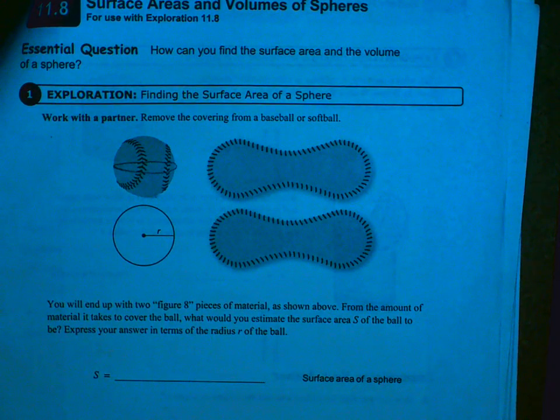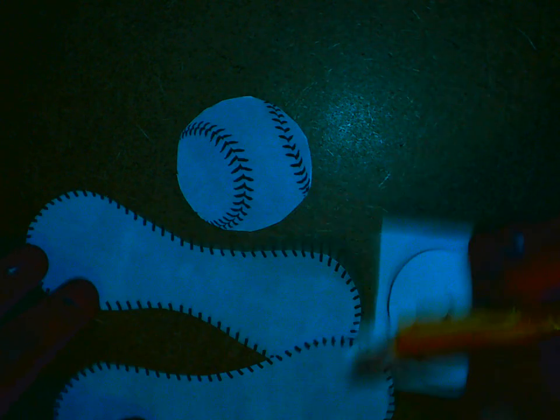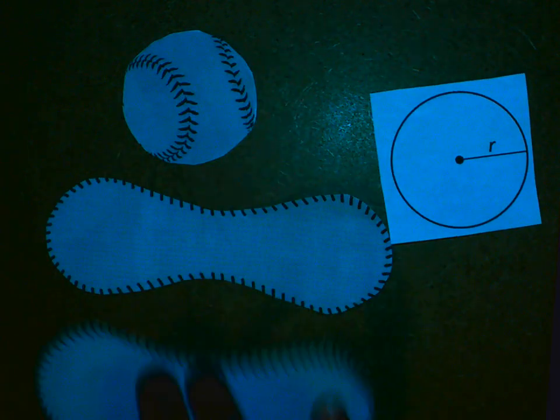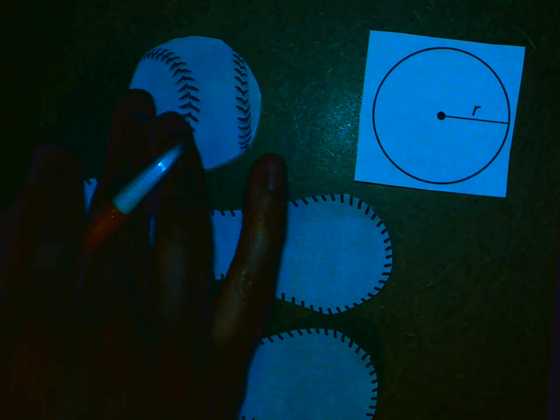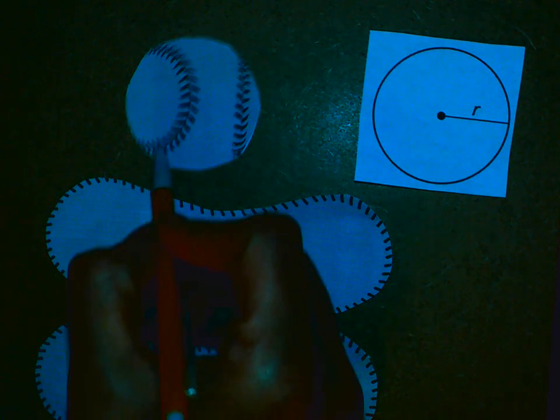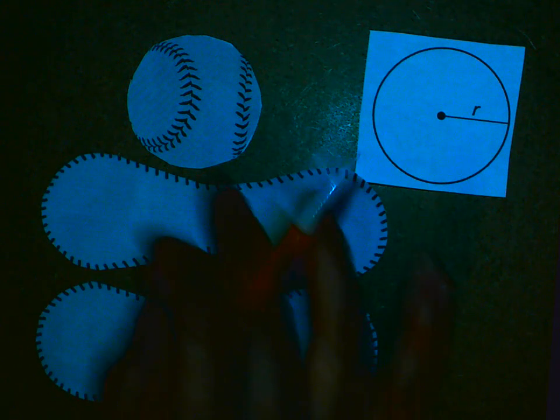I enlarged these two so we can see them a little better. Here you have a three-dimensional ball. If you were to cut along these lines in the three-dimensional form, you would get this net right here.